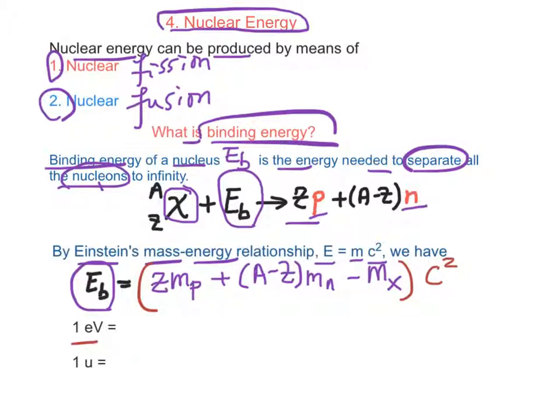Notice that 1 electron volt equals 1.6 times 10 to the power negative 19 joules, and 1 atomic mass unit U is equivalent to 931 MeV.